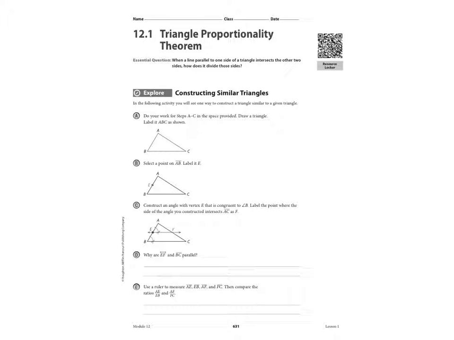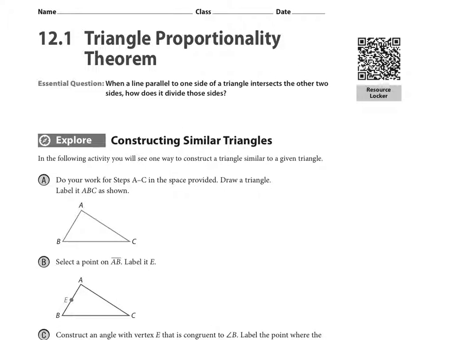Okay, so triangle proportionality theorem. This is on page 631. And this is going to show us another way to find the lengths of sides. So when a line parallel to one side of the triangle intersects the other two sides, how does it divide those sides?